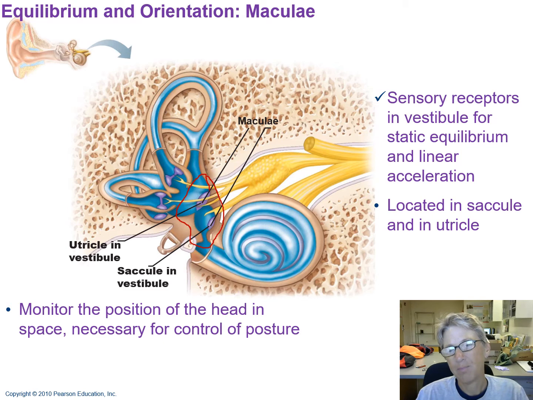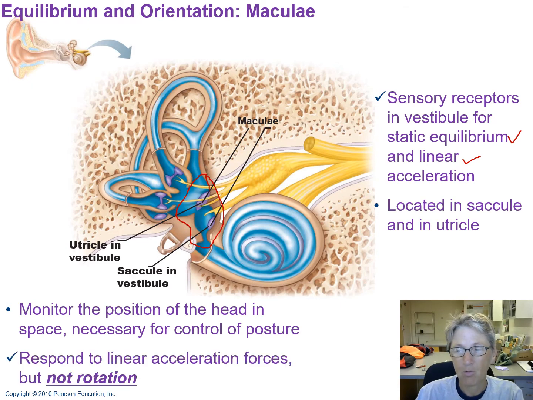We're not going to go into the physics and detail of static equilibrium and linear acceleration, but just from the names, I think you kind of know that these sensory receptors in the utricle and the saccule are helping monitor where your head is in space, so that you know how to control your posture.